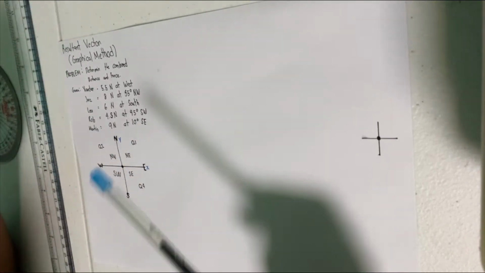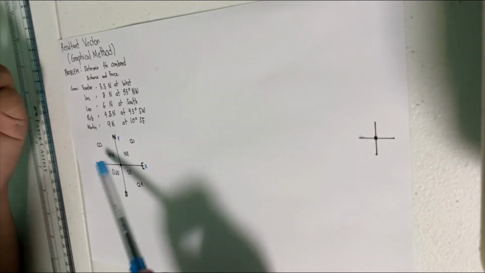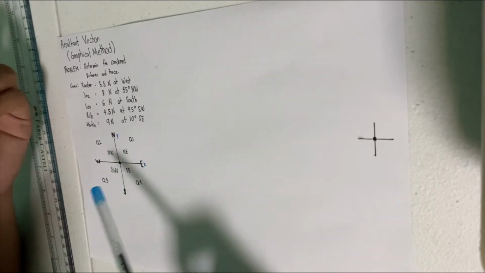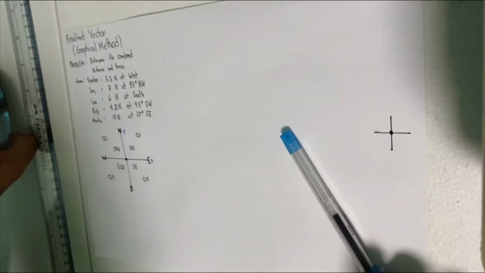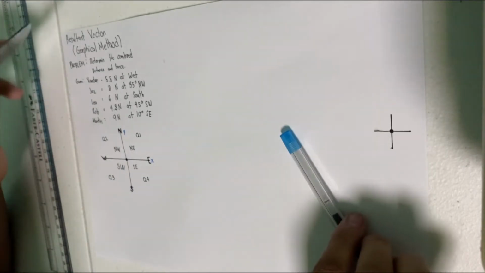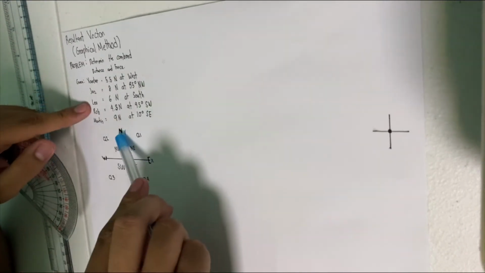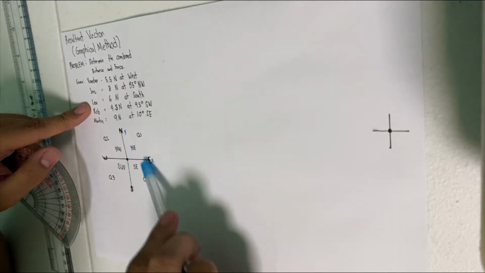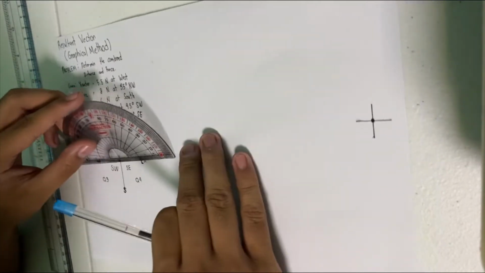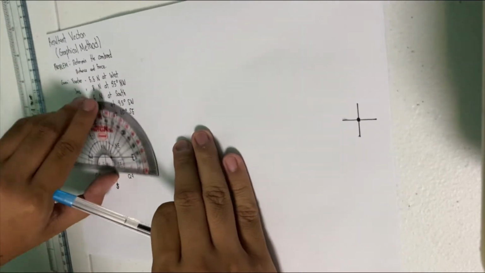On the other hand, northeast, northwest, southwest, and southeast can be from different angles, because it's very expandable. As you can see, it's very wide. There's a wide variation of angles, as you can see in the protractor.